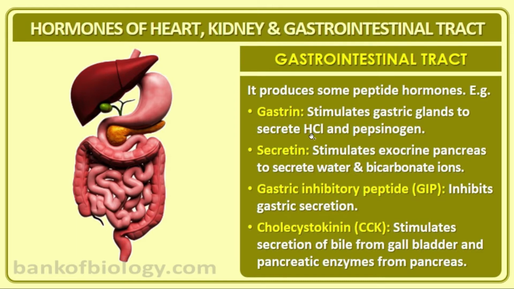To secrete HCl and pepsinogen. Okay? Then secretin. It stimulates the exocrine pancreas to secrete water and bicarbonate ions. Gastric inhibitory peptide inhibits gastric secretions, stomach secretions.